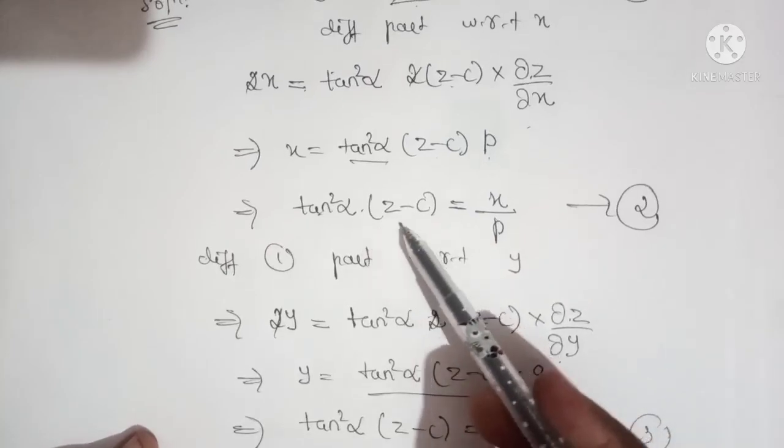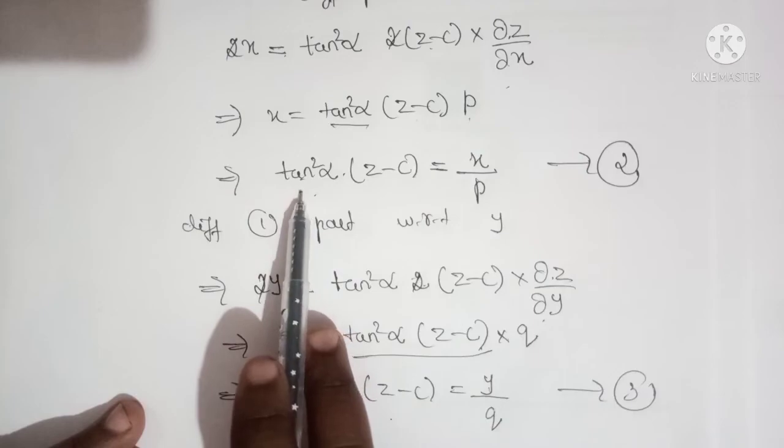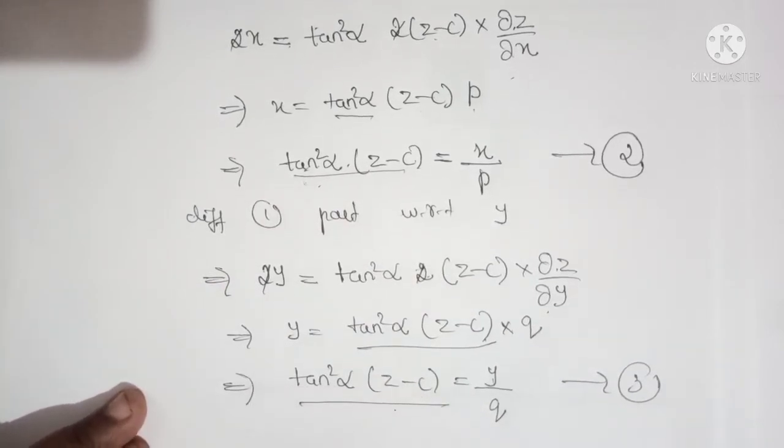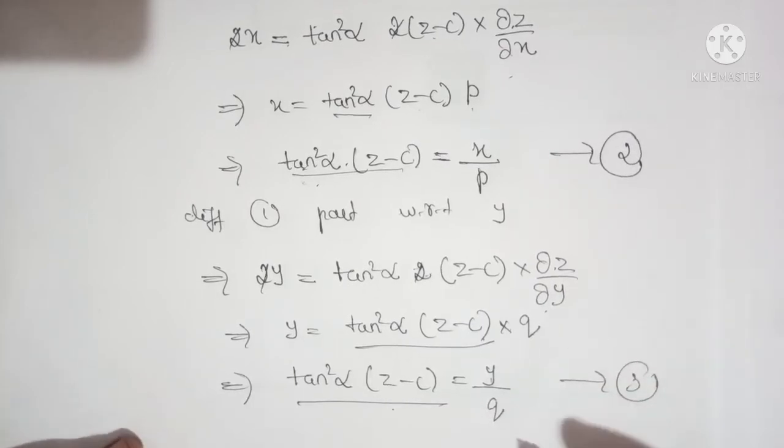Now the LHS of equation 2 and equation 3 are the same. This is tan square alpha (z minus c), and here also tan square alpha (z minus c), so we can equate the RHS of equations 2 and 3.